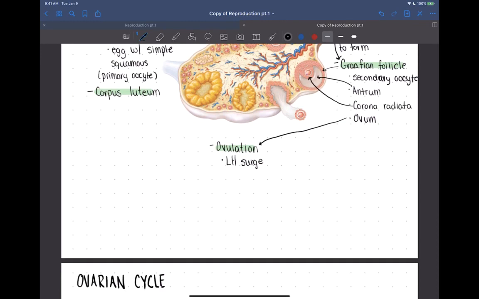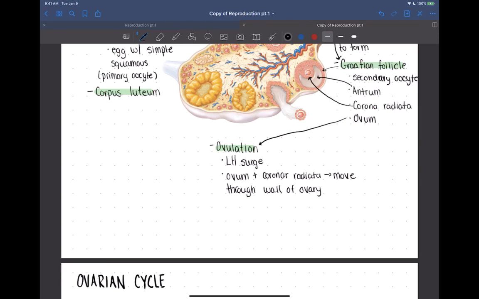There's an LH surge, and then the ovum and its corona radiata move through the outer layer of cuboidal cells on the ovary, through the wall of the ovary into the peritoneal cavity. We'll look in a minute at where it's going to go from there when we talk about fallopian tubes.